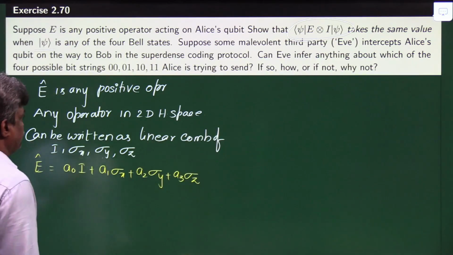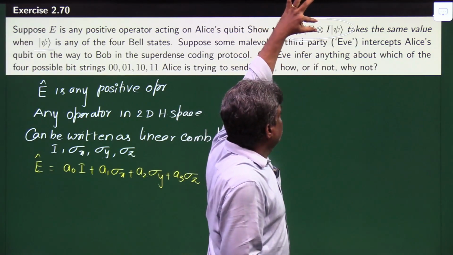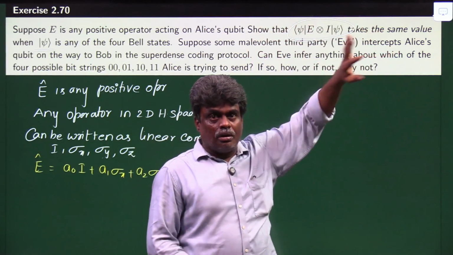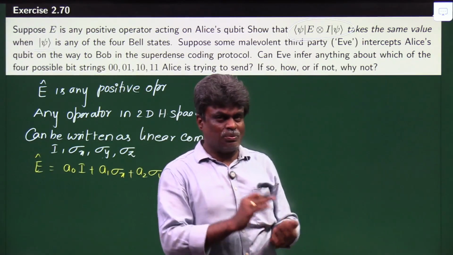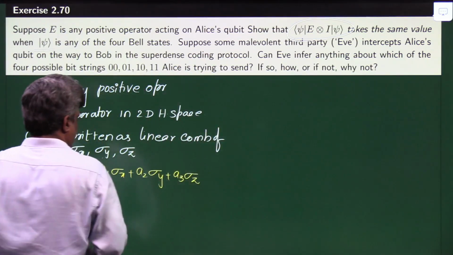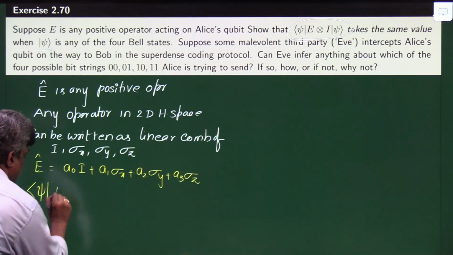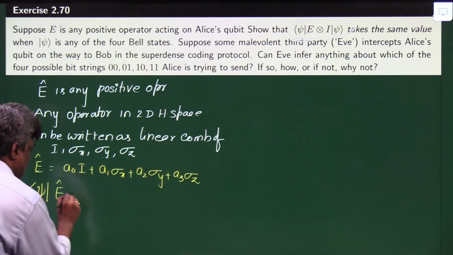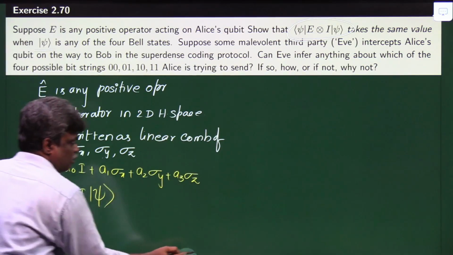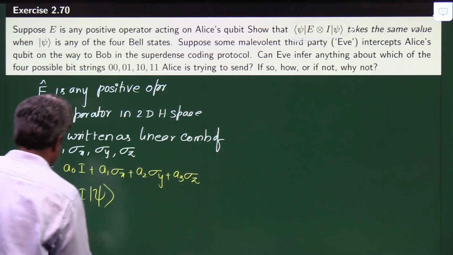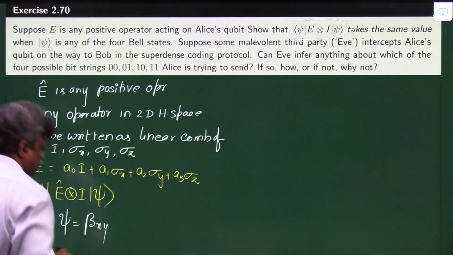Now the main part of this question is we have to show that this expectation value always takes the same value irrespective of psi. This is what we have to discuss. Now I have to find the expectation value of psi, operator E tensor I, where psi is any one of the Bell states.